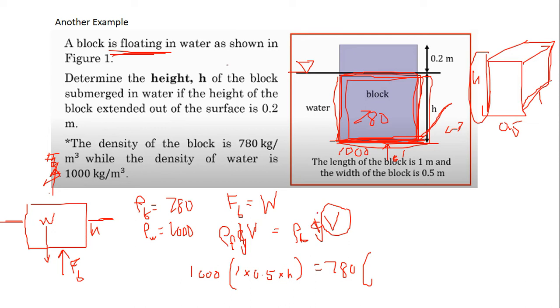Because it is the volume of the block, the total volume of this block, so the whole length. Understand? So rho of the block 780 times V of the block, which is 1 times 0.5 times 0.2 plus H, the height.